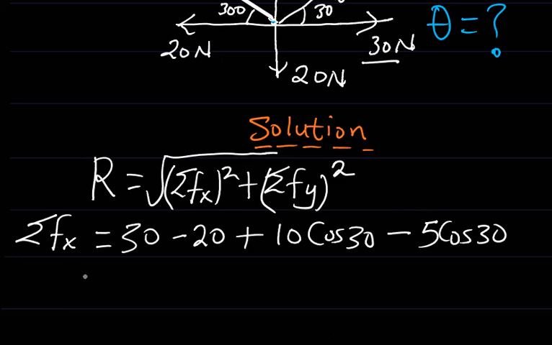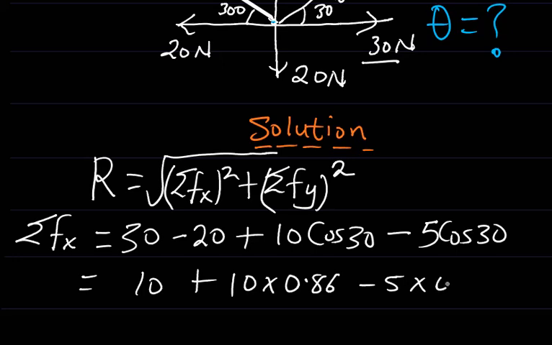All right, so let's simplify it. This is 10 Newton, then plus 10 times cos 30, which is approximately 0.866, minus 5 times 0.866.